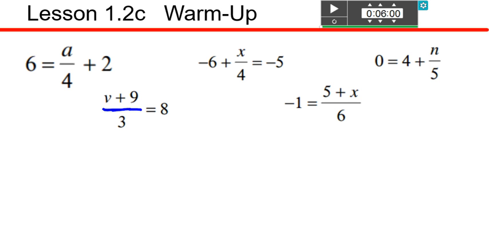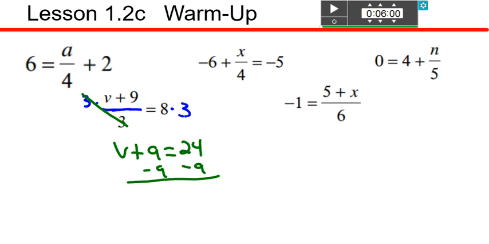So the very first thing I'm going to do is multiply both sides by 3, which is going to make the 3's cancel. That's going to give me v plus 9 equals 24, and then when I subtract 9 from both sides, I'm going to get v equals 15, positive 15.